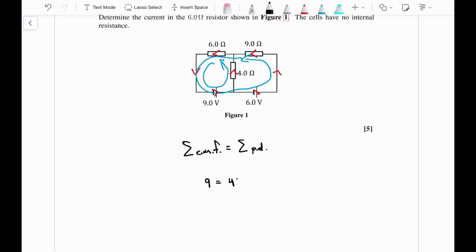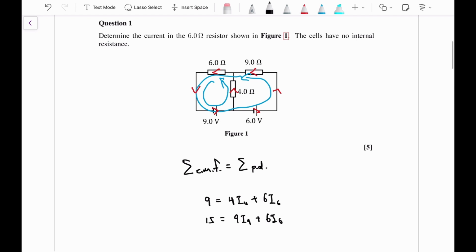So I'm going to say the current will be I4 and then plus 6I6. And for the second equation we have 9 plus this, which is 15, and then this will be 9I9 plus 6I6. And then I mentioned Kirchhoff's law, so this is Kirchhoff's second law, there's still Kirchhoff's first law, and in this case it might be quite useful.